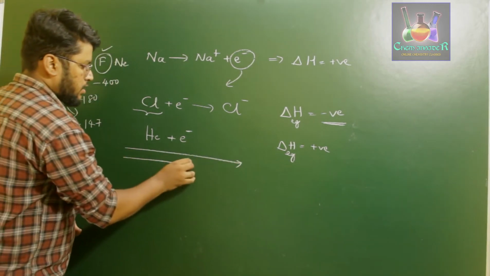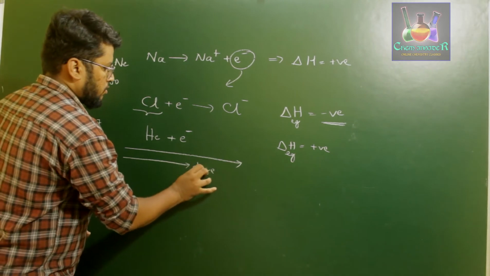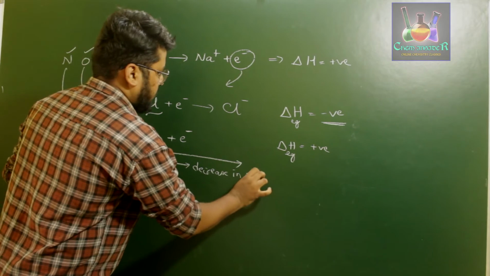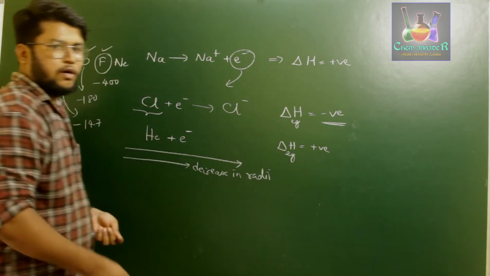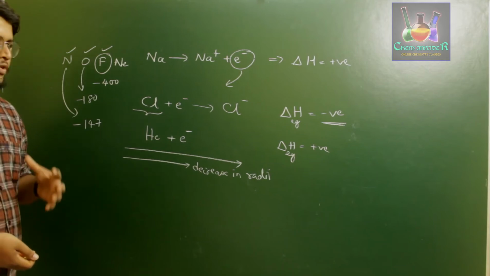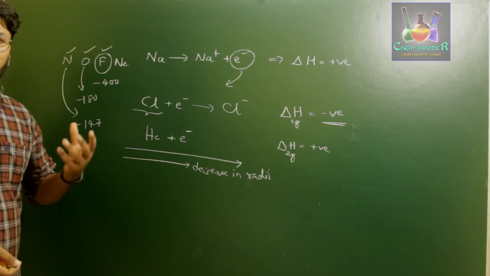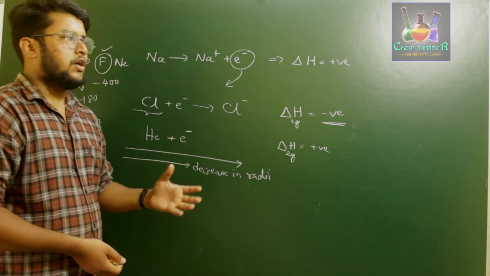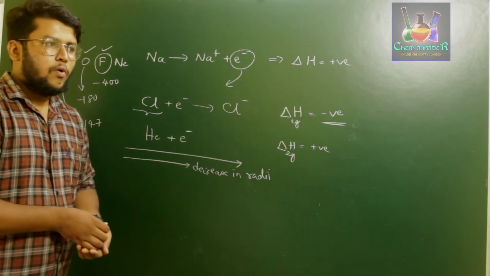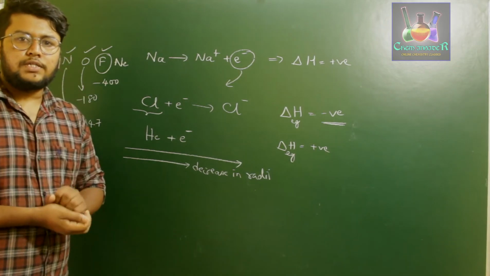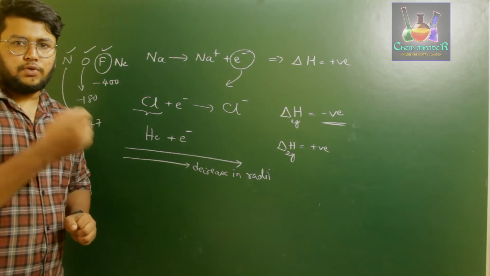we observe a decrease in size, a decrease in radii of an atom. If the radius is decreasing, it is because of the increase in effective nuclear charge. So if the effective nuclear charge is very high on the rightmost elements, when you add an electron, that electron will be stably held by the nucleus.